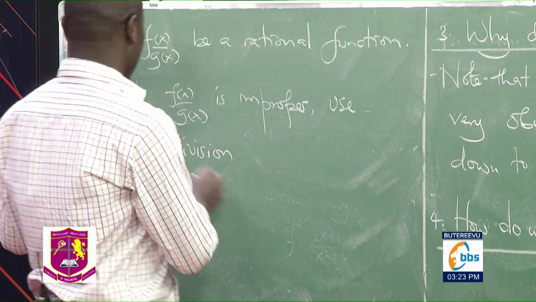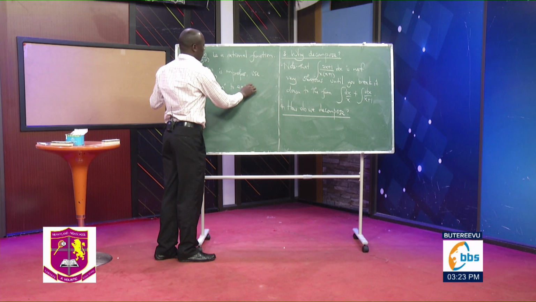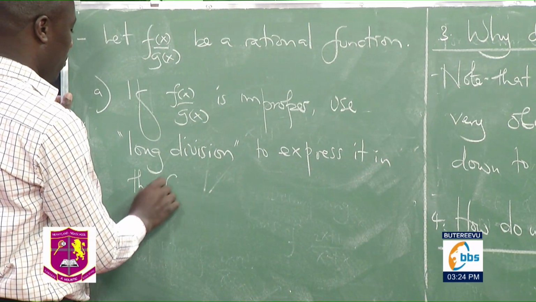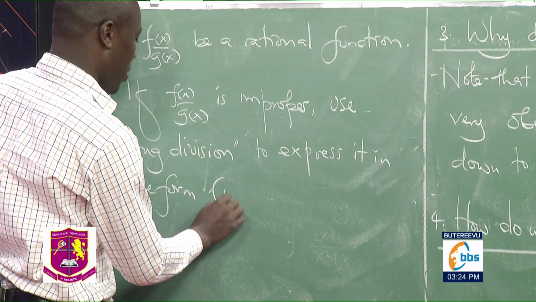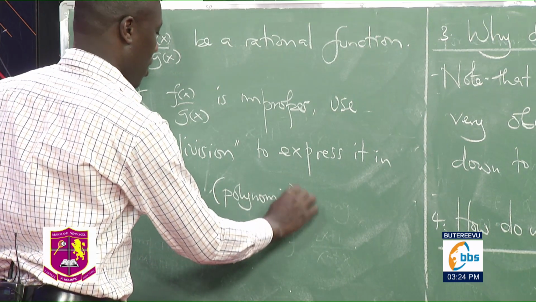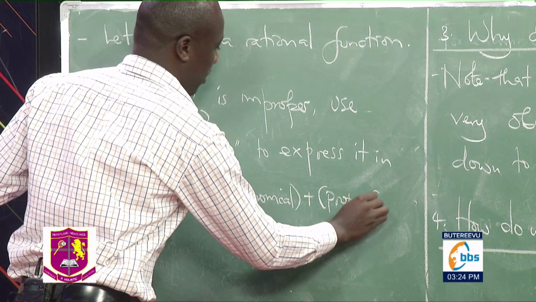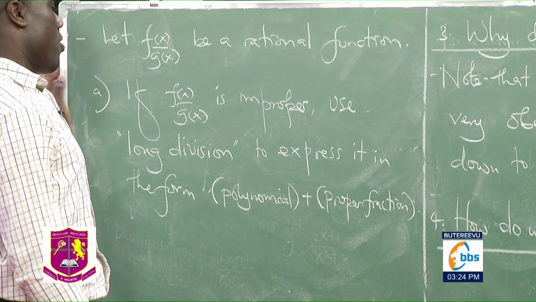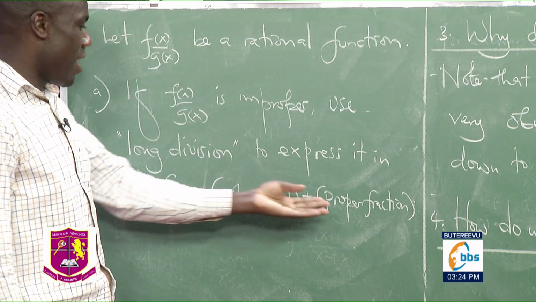So you use polynomial long division to express it in the form of some polynomial plus a proper fraction. You apply polynomial long division to express this guy in that form.